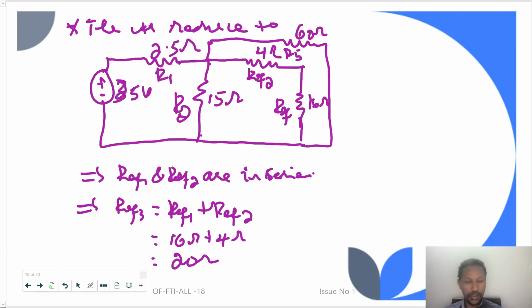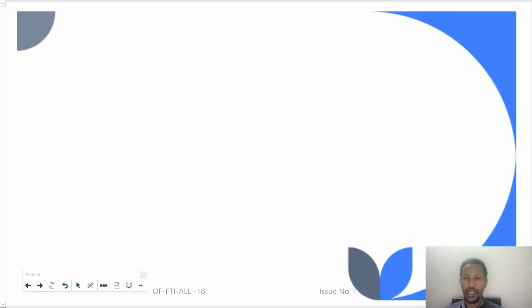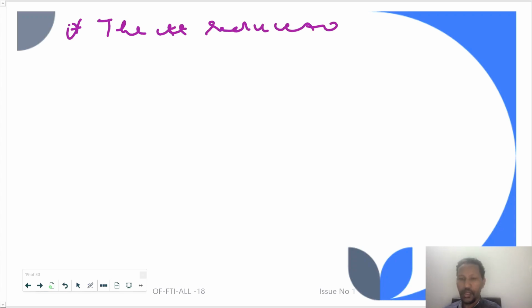The circuit is again reduced, as shown below, with the 35 volt source.